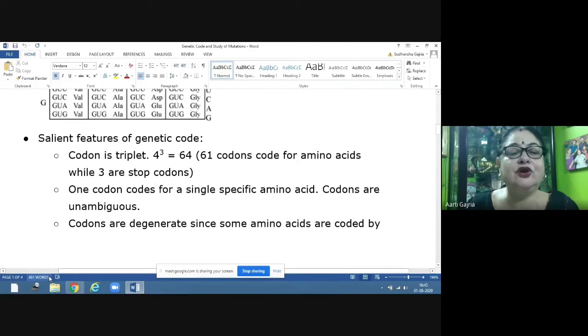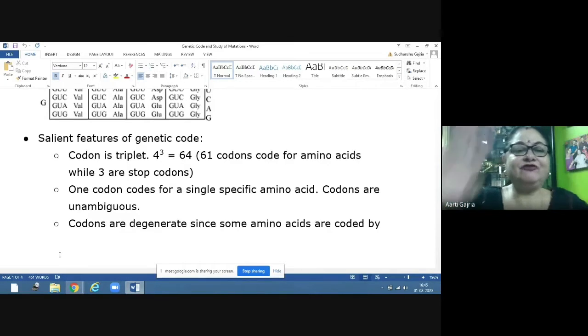Now, one codon codes for a specific amino acid. These are the properties of a genetic code.